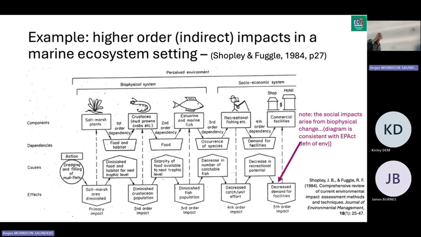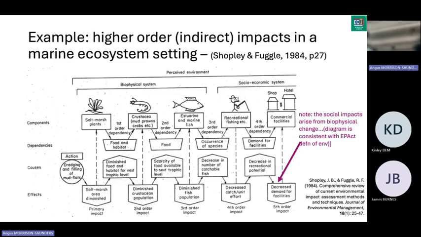So here's a schematic of this idea of the higher order indirect setting. This is a really old one from Shopley and Fuggle in 1984. This is the idea that you're dredging some mud flats. So the initial impact, the direct impact, is clearing and dredging of the salt marshes. So you've wiped out that plant species and its initial habitat.